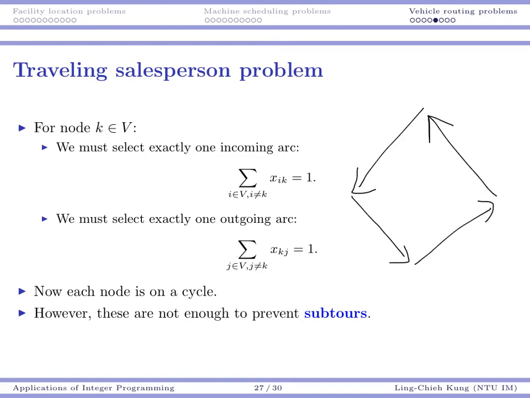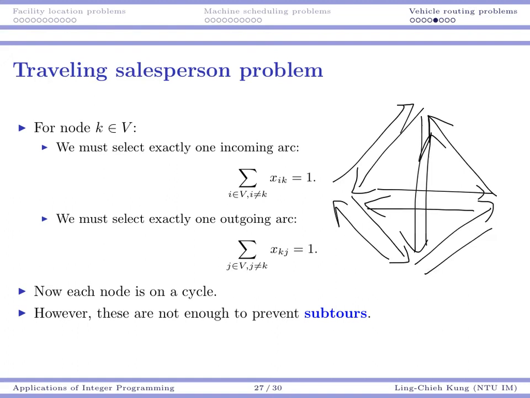Suppose we have this very messy graph. Now for, let's say, a node here, I look at all those incoming arcs, this one and this one. I need to select one of them, for example, this one.